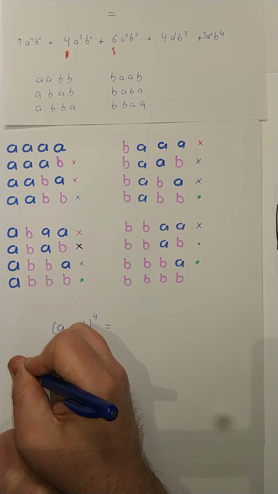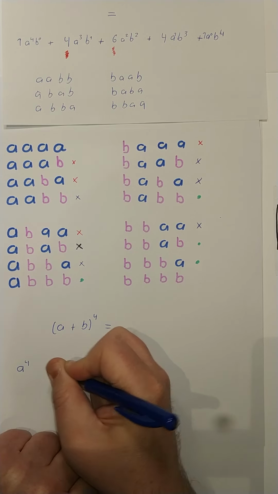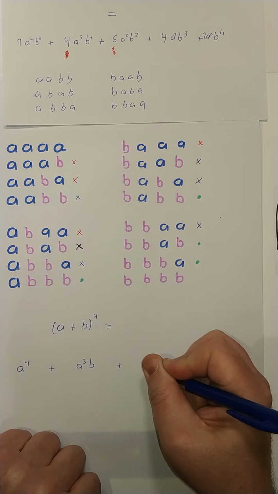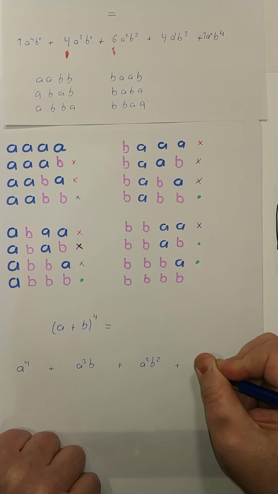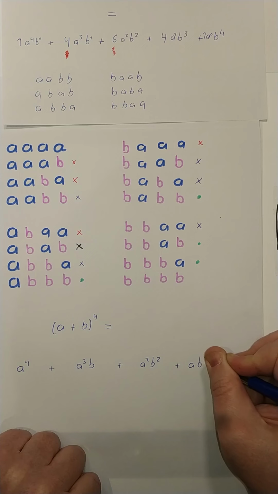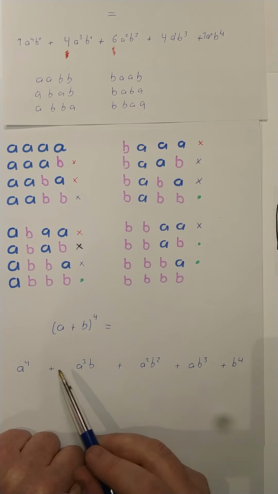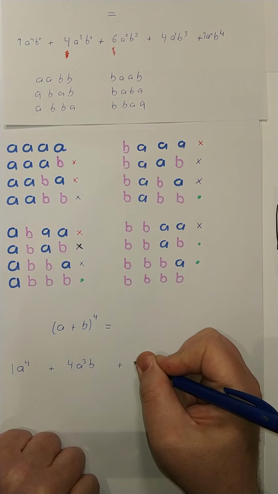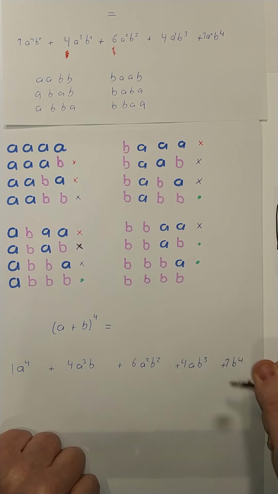We're going to have an a to the 4 term, an a cubed b term, an a squared b squared term, an a b cubed term, and a b to the 4 term. And then the coefficients here are going to be 1, 4, 6, 4, and 1.